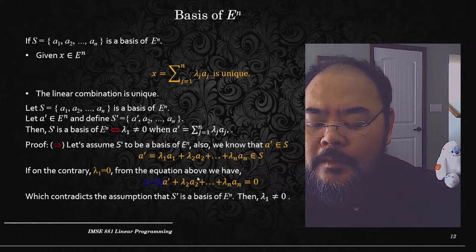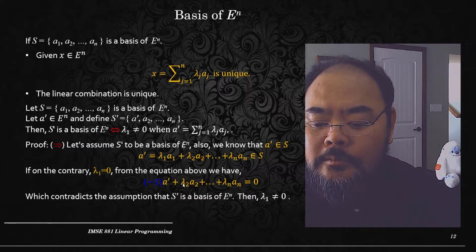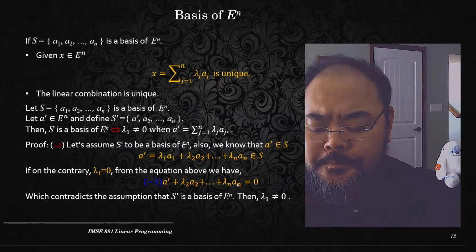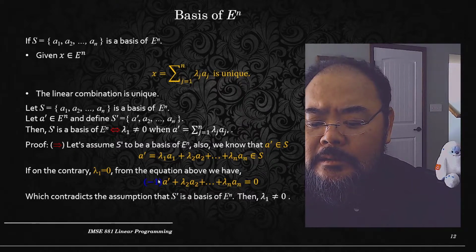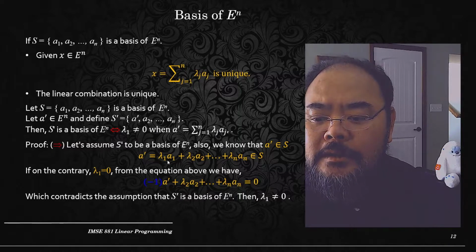So in this case, we can represent a linear combination using A prime to An, and the coefficient for A prime is not 0.